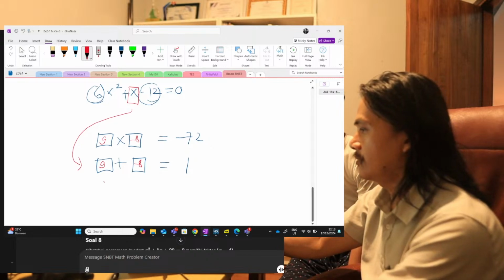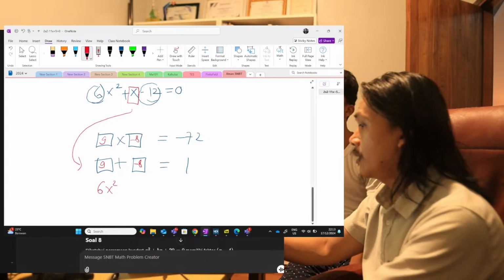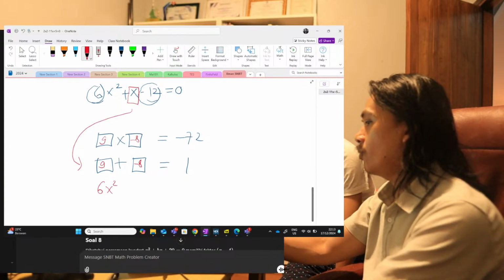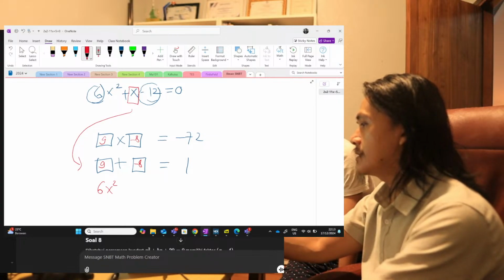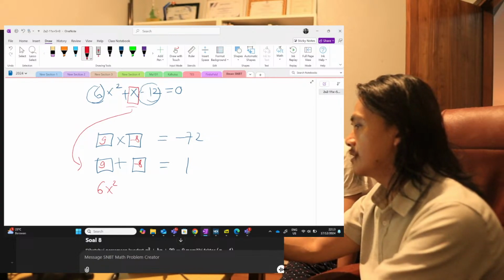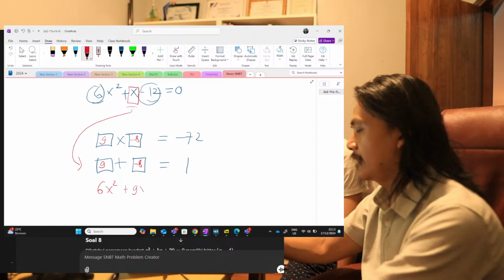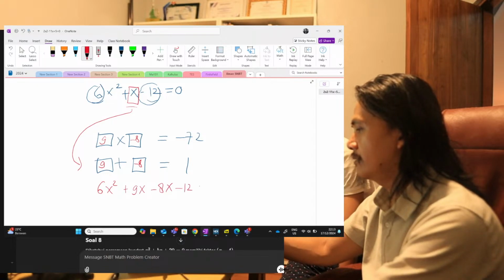So once you found these two numbers, we use that information to rewrite this x as 9x minus 8x minus 12 equals 0.